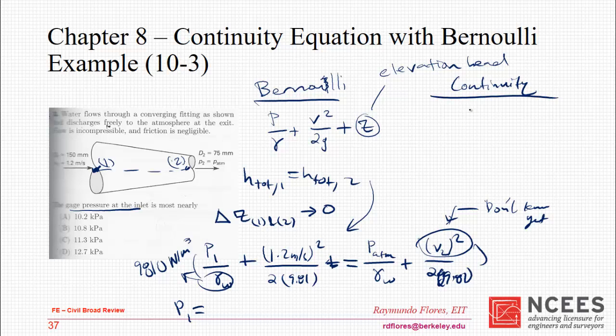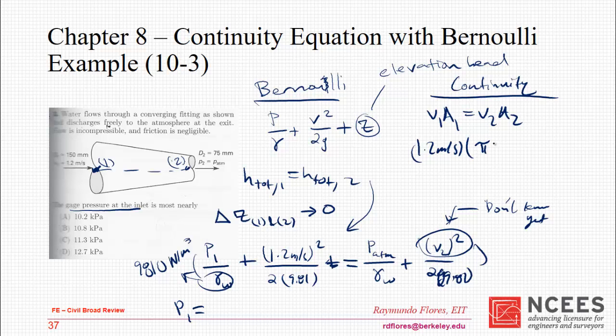So the continuity equation, well, let me go back to this first of all. So that's PATM, and the gauge pressure has to do with the absolute pressure minus the PATM. So let's just figure that out later. But for continuity, what we have is V1A1 is equal to V2A2, and so V1 is 1.2 meters per second.